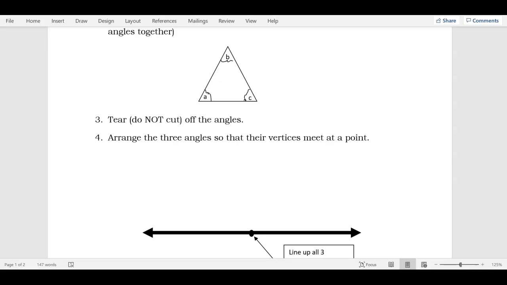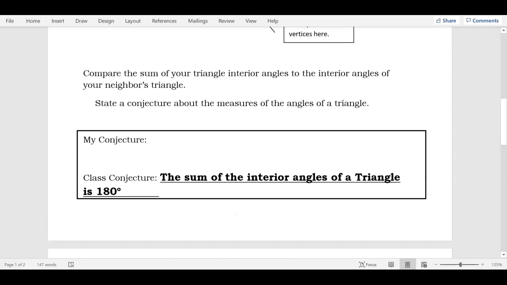Okay, well, that's it for that. So at the bottom, I want you to write next to my conjecture what we just talked about. And then on the bottom, go ahead and write it this way. At least for sure write this down at the bottom: the sum of the interior angles of a triangle is 180 degrees.